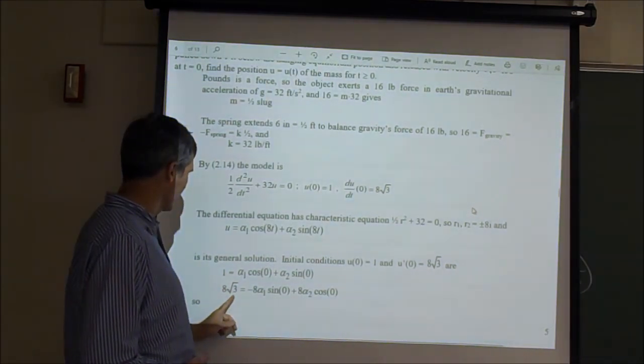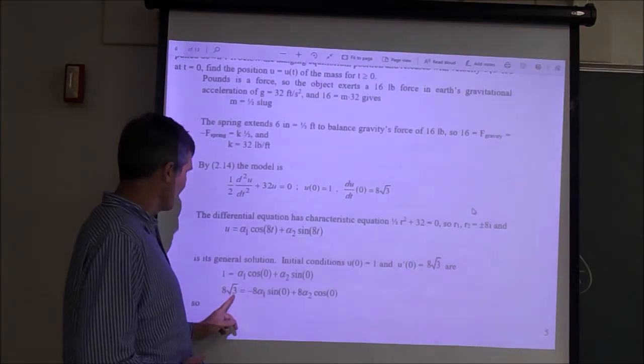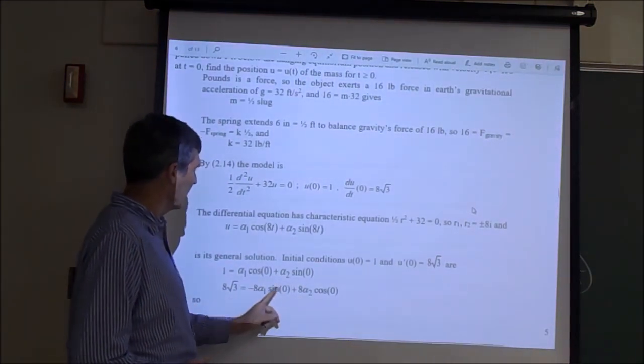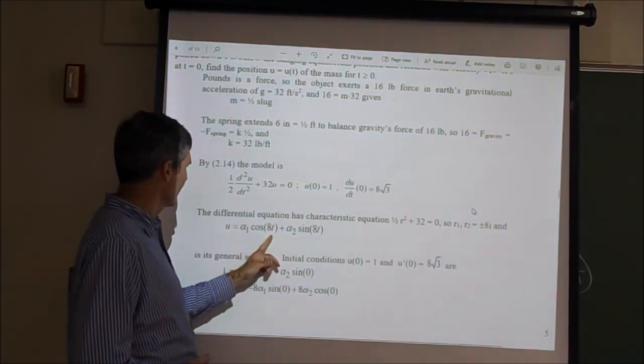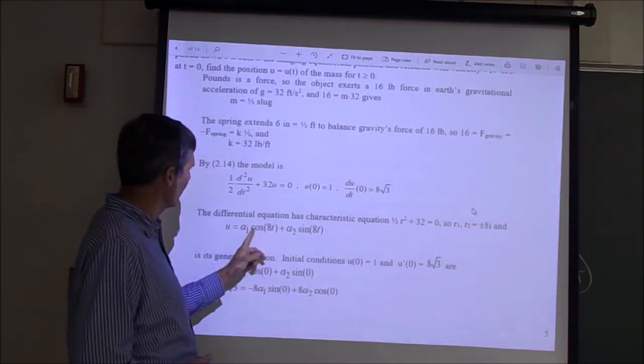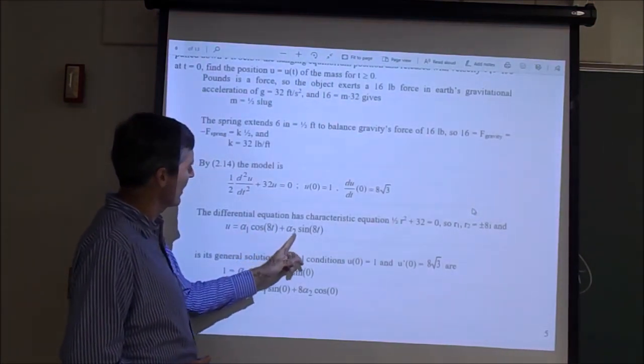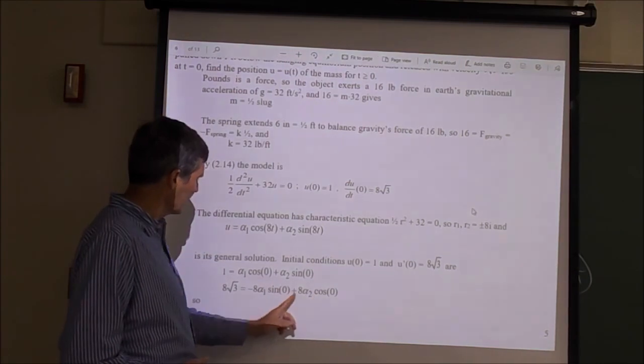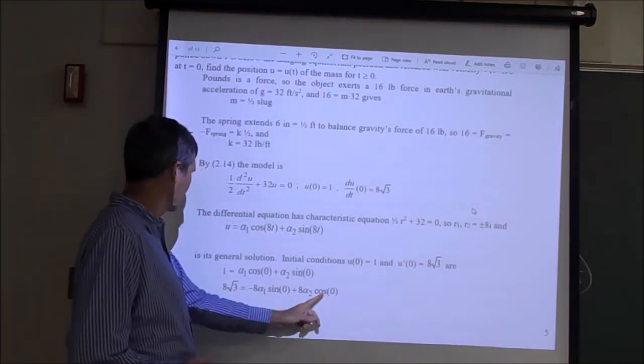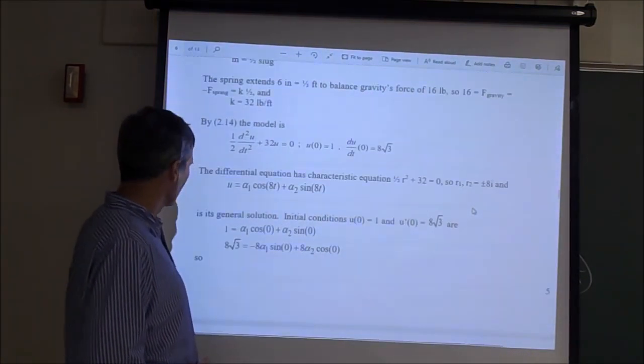Then I put in 8 square root 3 for u prime, and here's the derivative of u, minus 8 alpha 1 sine plus 8 alpha 2 cosine. If you plug in 0, this is what you get.